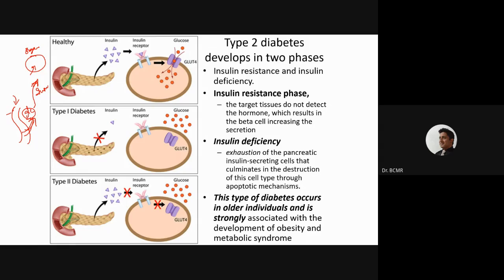And once we are doing that too often, the target tissue will start to become resistant. There is some problem with the insulin level because it is always on. The insulin is always in the blood. Then the cells become resistant to that amount of insulin, say, for example, 10 units of insulin.